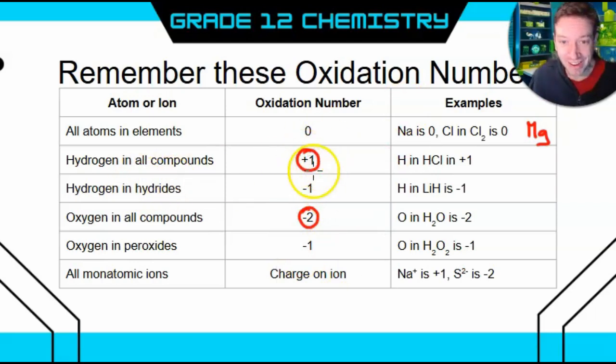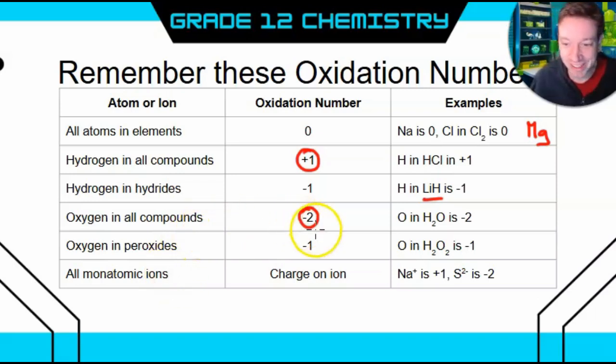So hydrogen, having typically a very low electronegativity, is going to typically have a +1 charge. Whereas you can have a -1 for hydrogen in hydrides, like in this example, when it's combined with lithium, that has an even lower electronegativity. Whereas oxygen is very good at stealing electrons.